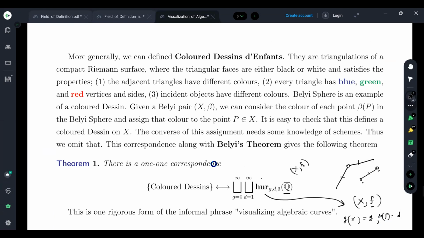Then if you have to specify the ramification, it should be something like x to the m, 1 minus x to the n, divided by some polynomial. Those technical details are actually in this book.